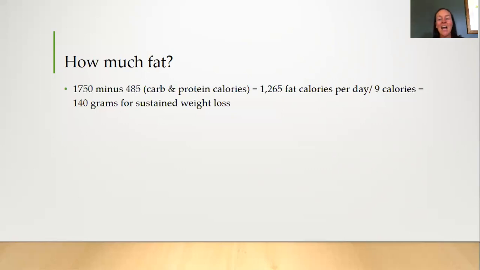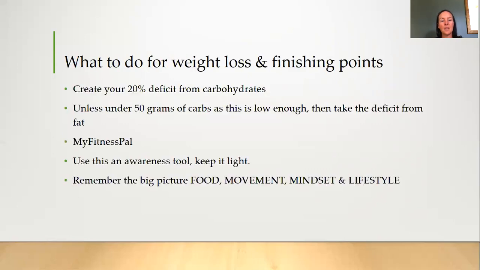Yeah, baby. And there's 9 calories, not 4, for fat. So I just divided that. 1,265 divided by 9 equals 140 grams of fat a day for sustained weight loss and sustained satisfaction from eating, I tell you.